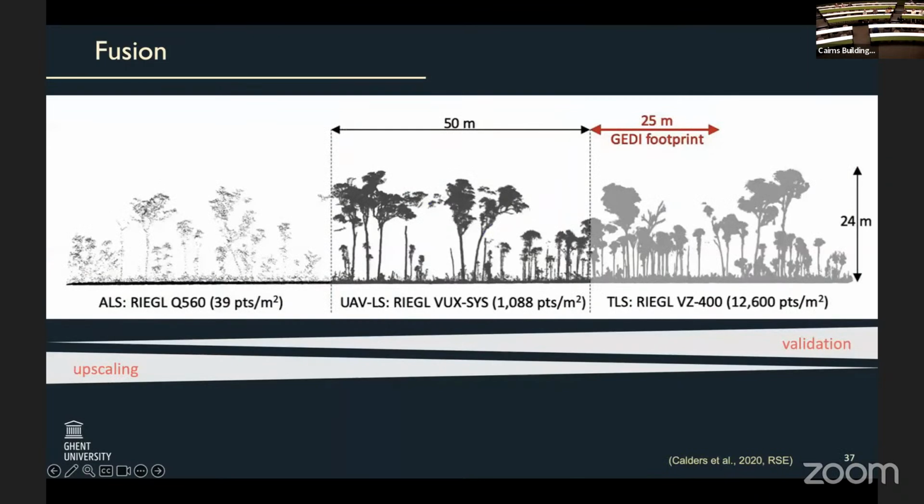This is just an illustration, a summary of different LiDAR sensors on different platforms. I've talked a lot about TLS, which you can see on the right here. But you can put this sensor on the drone, as I illustrated in the slides before, and then very typically there's also ALS, the airborne LiDAR. And typically there's a scale difference.